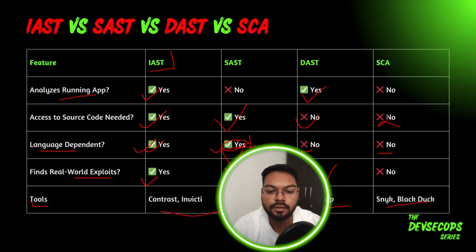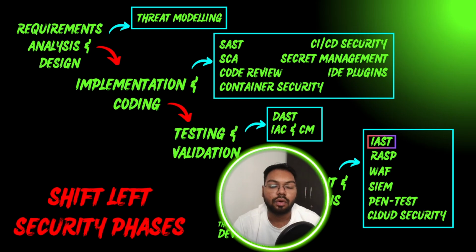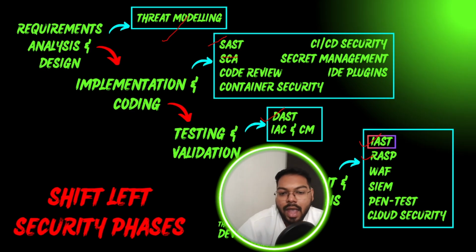We'll move to the last slide we have for IAST. So we have covered a lot of topics. Threat modeling, we have done SAST, SCA, and we have done DAST. Now we are here in IAST. Next, what we're going to see is RASP and MAST.